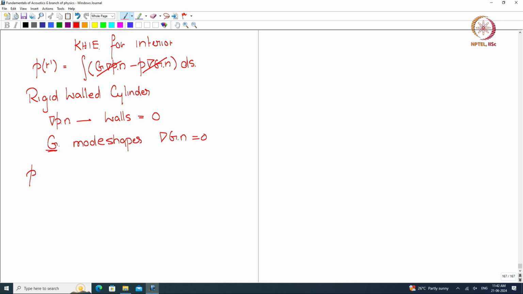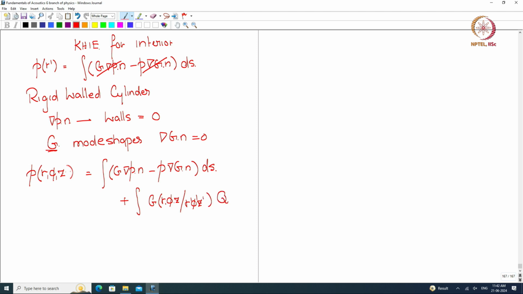Therefore, in order to find the P, in this case r, φ, z, we need the Kirchhoff-Helmholtz integral equation, which goes to 0, plus a source term, which is G, the response at r, φ, z and r′, φ′, z′, times the source Q at r′, φ′, z′, dV source.